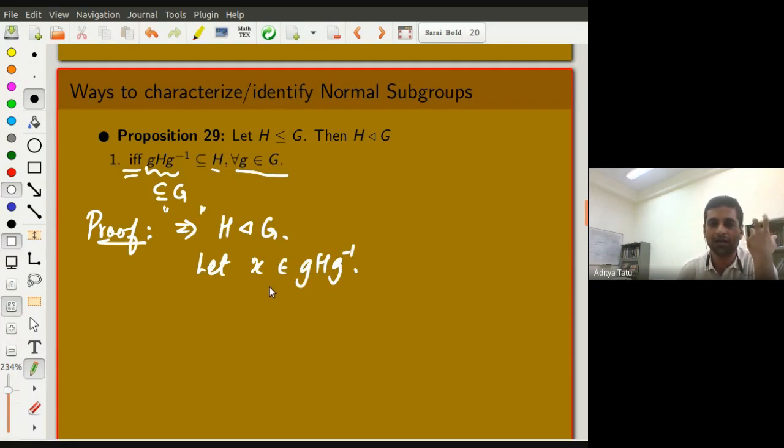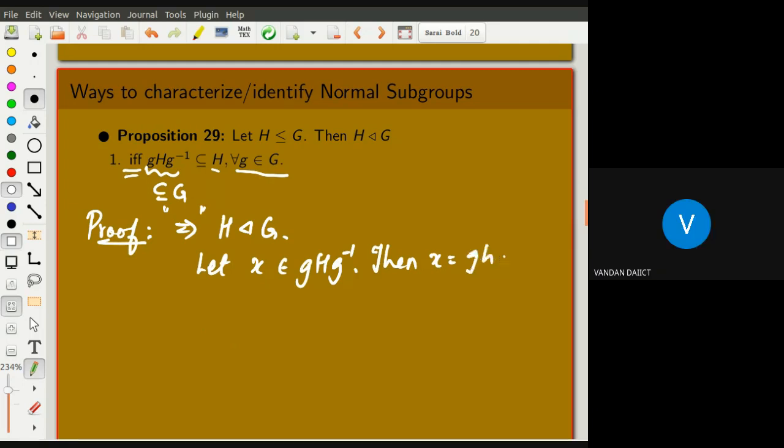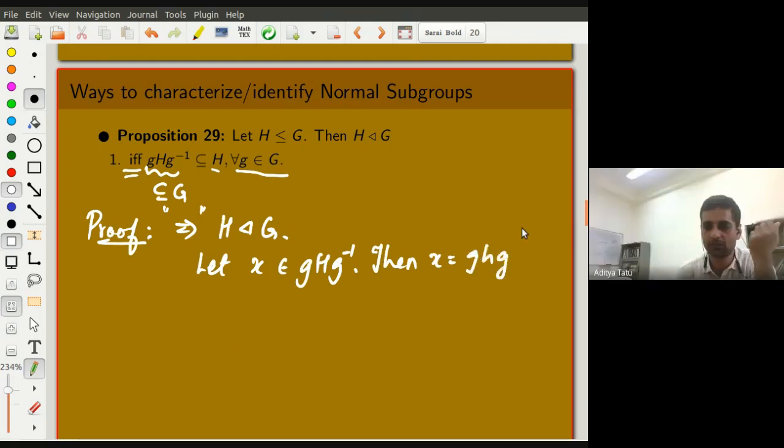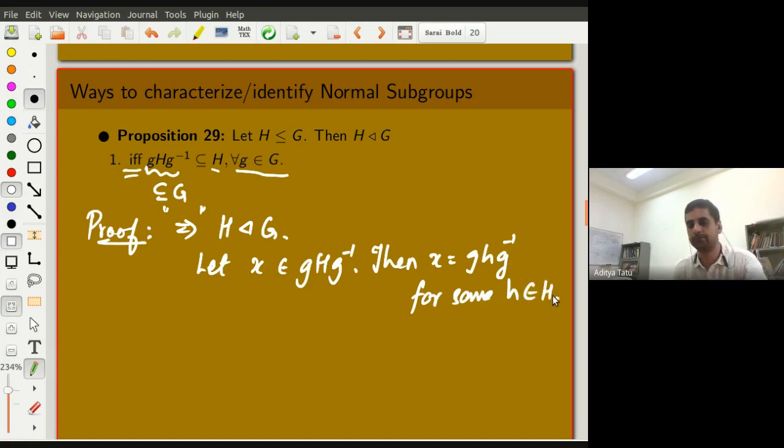Okay, so how do I write this arbitrary element? x will be equal to g h1 g inverse, where h1 is some element of the subgroup.